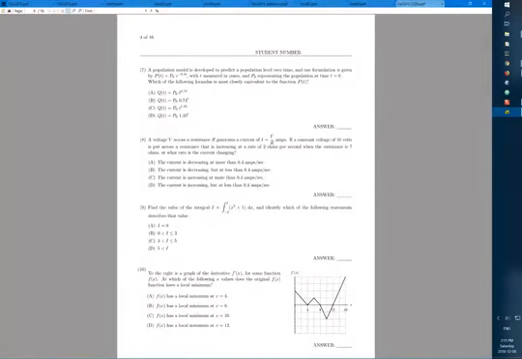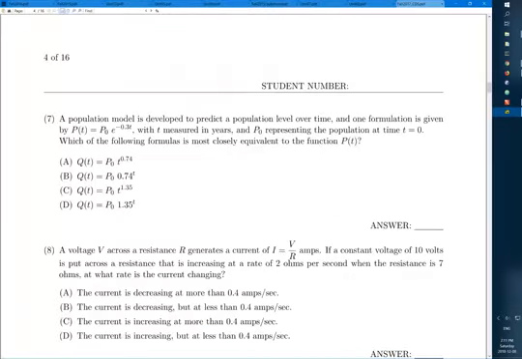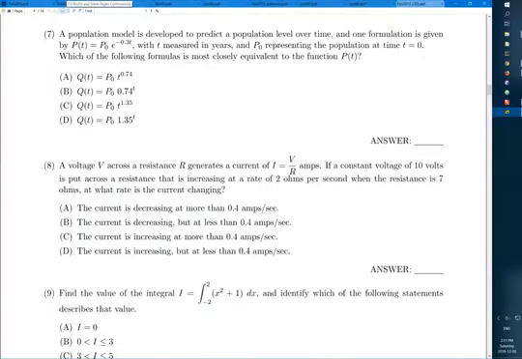All right, 8. Oh, the voltage, sorry, just to confirm the voltage question. Okay.